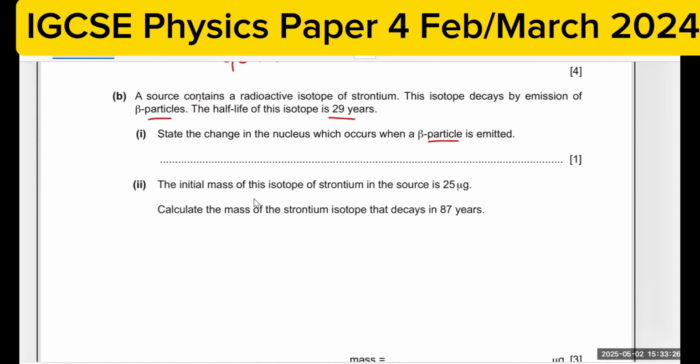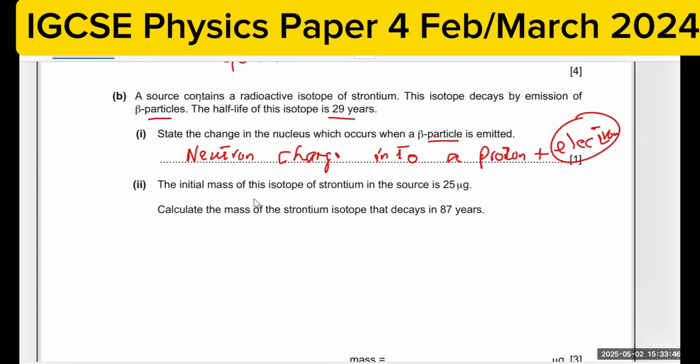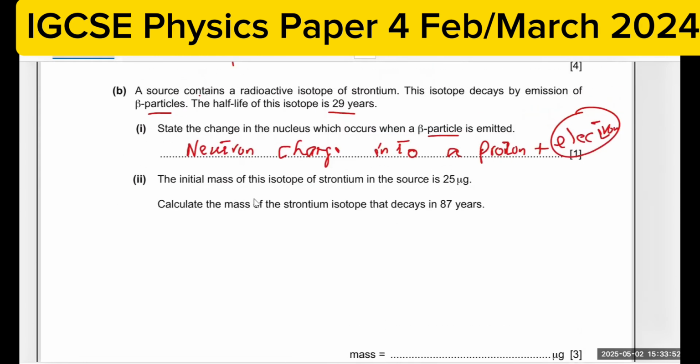So when a beta particle is emitted, one neutron in the nucleus changes into a proton and an electron. That's why the mass number stays the same, but the charge increases due to the electron. That is beta decay.